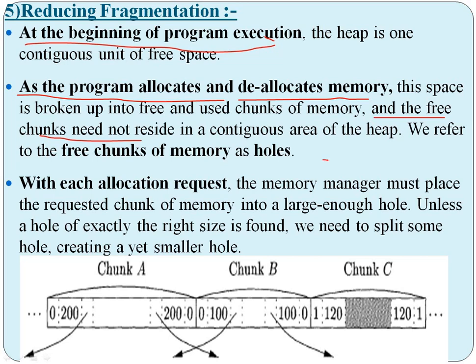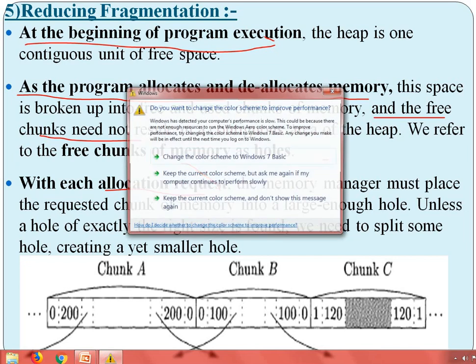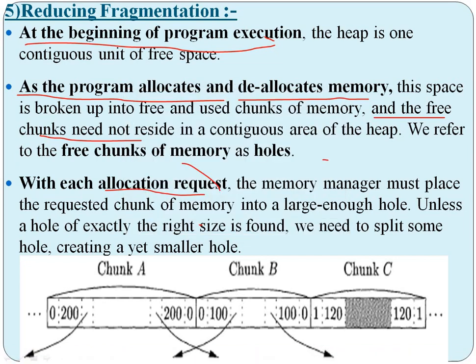With each allocation request, the memory manager must place the requested chunk of memory into a large enough hole. Unless a hole of exactly the right size is found, we need to split the same hole or some other hole, some other free block of memory, creating another smaller piece.